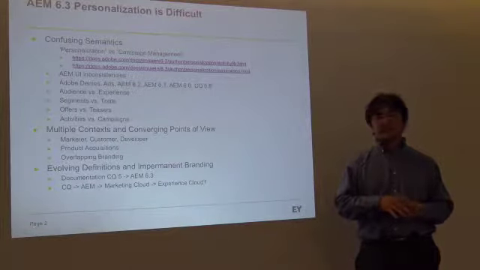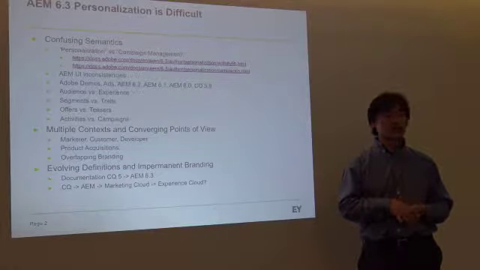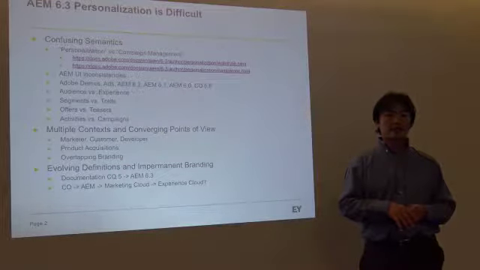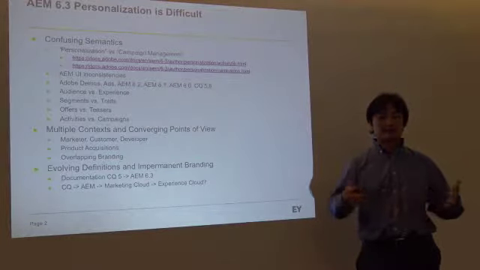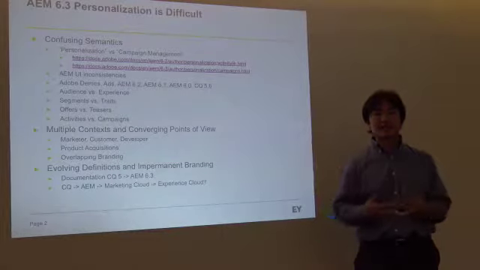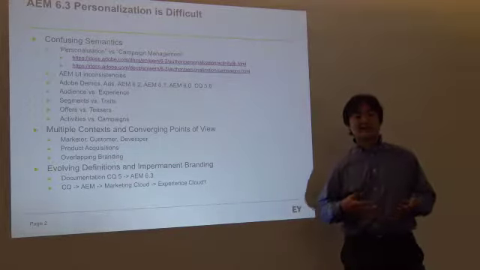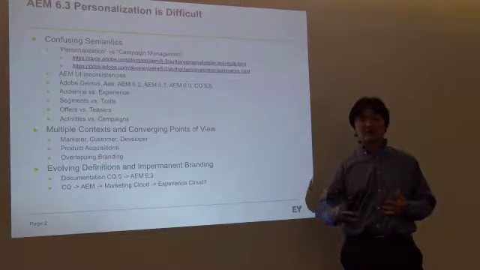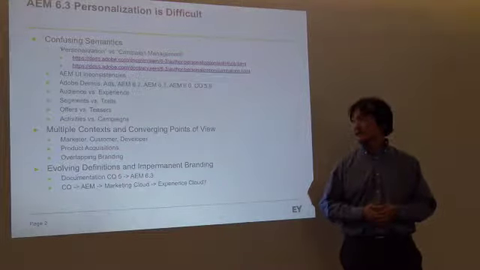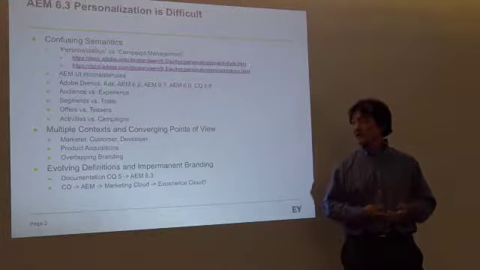There's also the fact that Adobe has made a lot of product acquisitions. When they acquired Campaign, and that became part of the Marketing Cloud, all the terminology and branding came with it, so you have to somehow reconcile these different branding terms. Same thing with Omniture and analytics, so you have overlapping branding.